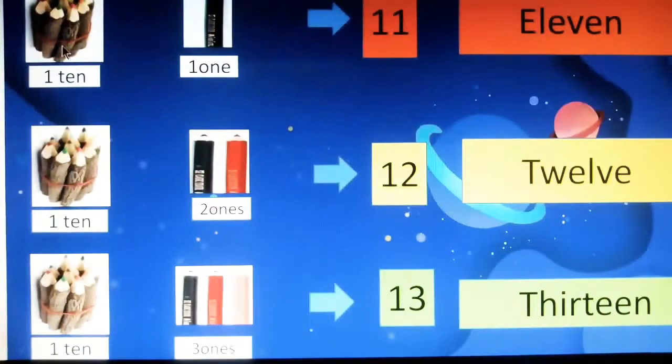So 1 ten and 1 one is 11. E-L-E-V-E-N, 11. 1 ten, 2 ones is 12.